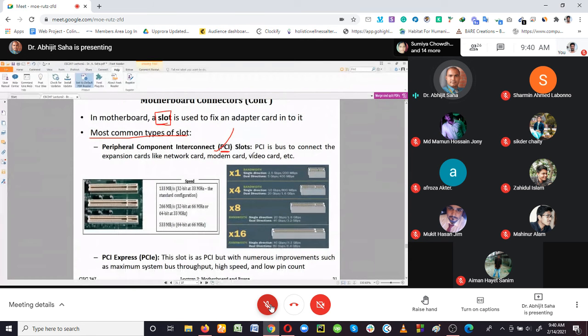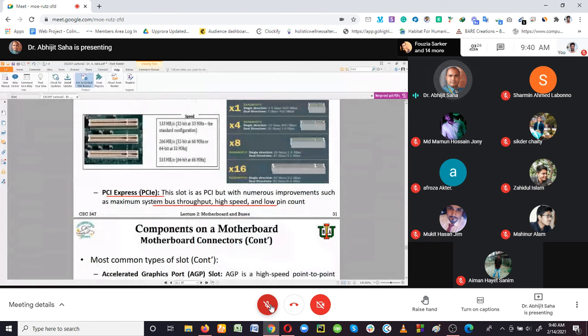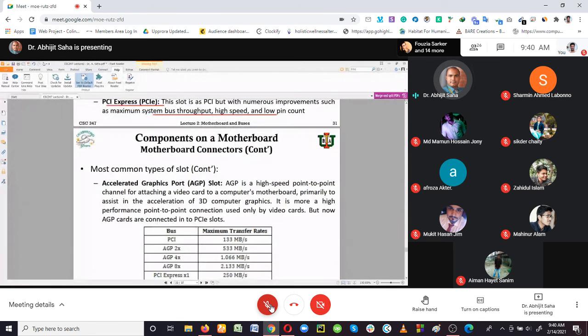You should know what the PCI slot is and what it is used for, which external cards need PCI slots, which need PCI Express slots, and what the difference between PCI and PCIe is. This is how you have to study these slots. There is also the accelerated graphics port slot.